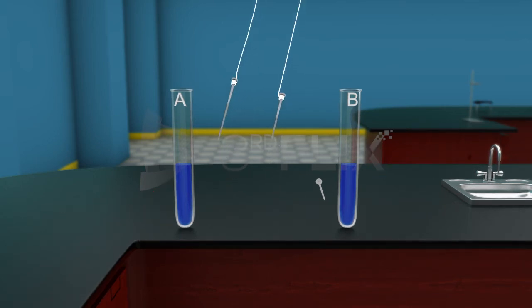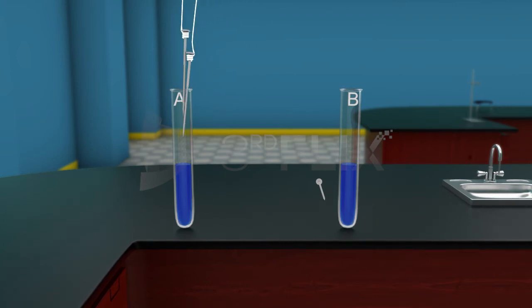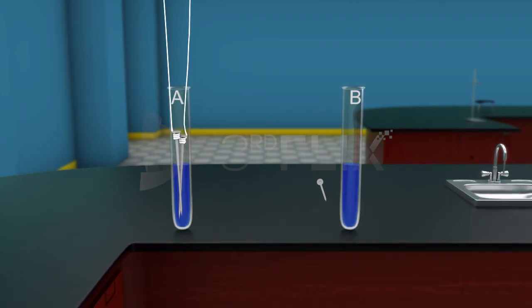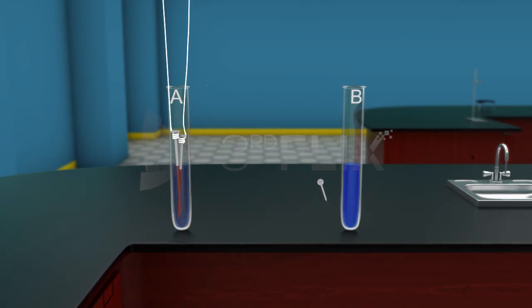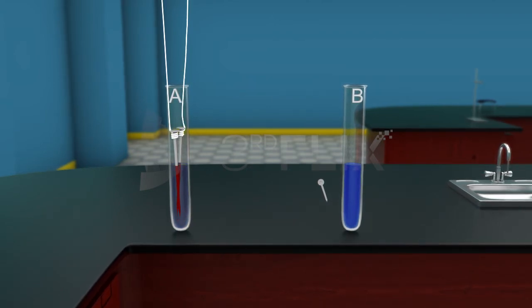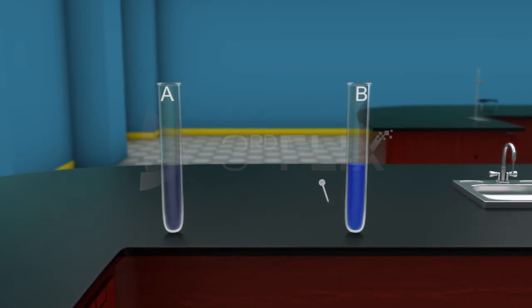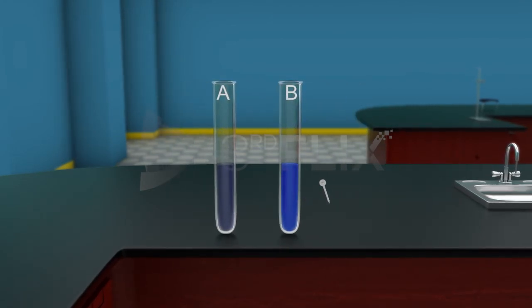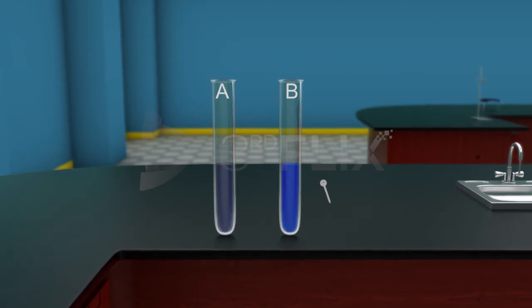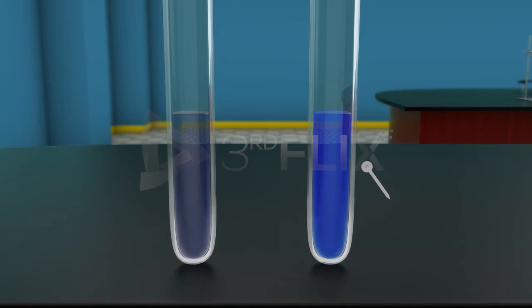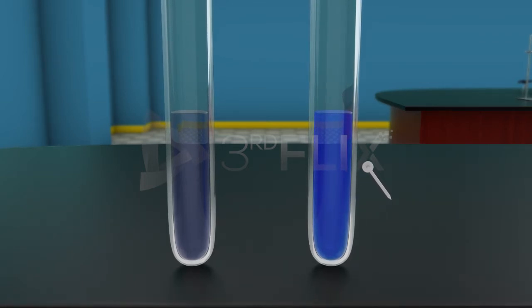Tie 2 iron nails with a thread and immerse them into test tube A containing copper sulfate solution for about 20 minutes. After 20 minutes, take out the iron nails from test tube A and keep aside. Compare the color of the solution in both A and B test tubes.